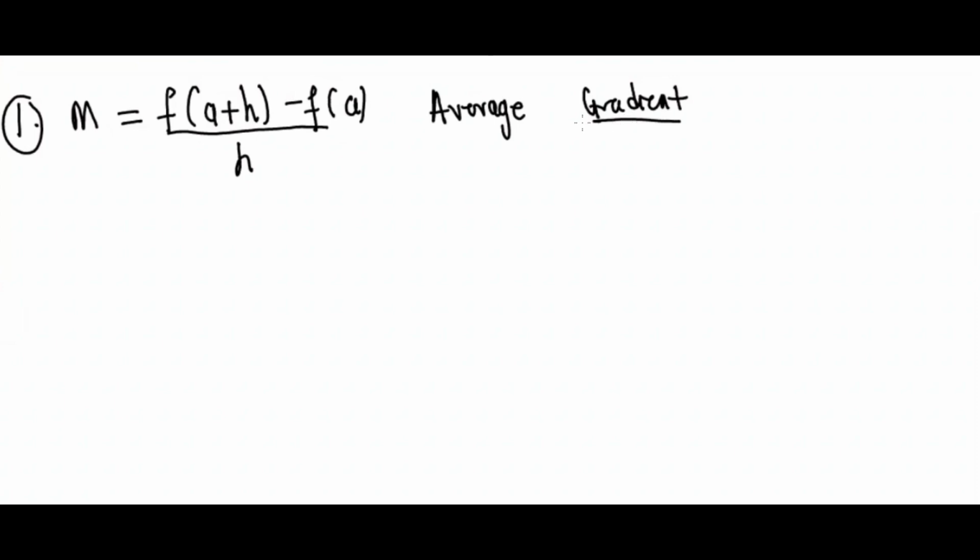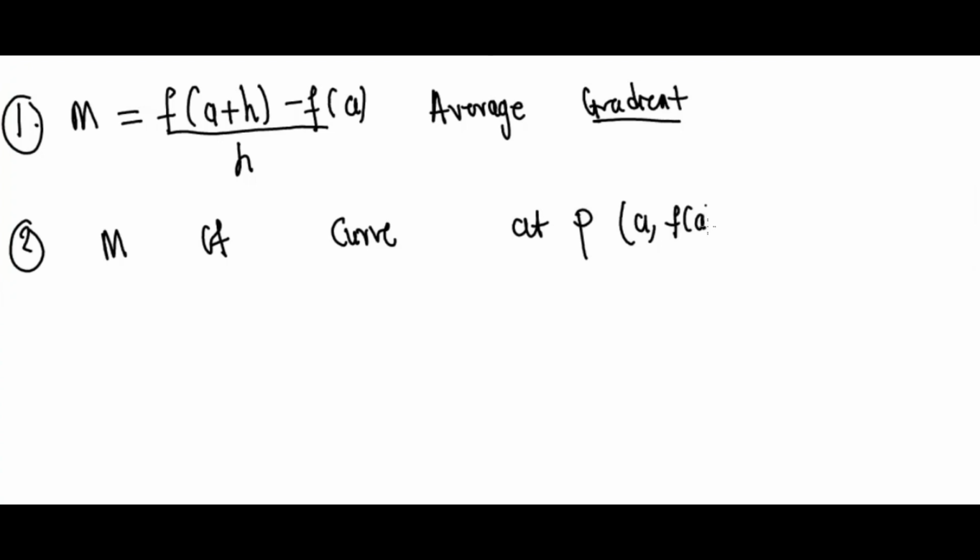So now, let's talk about the gradient of a curve. The gradient of a curve at a point, which can be point A. Of course, if the function is f, we'll have f of a as the y value.